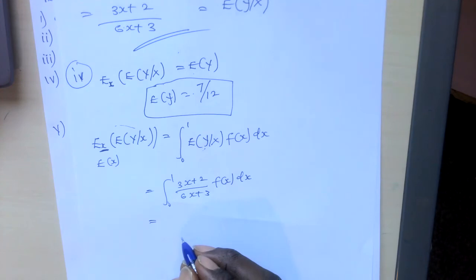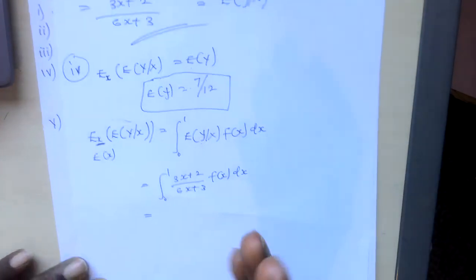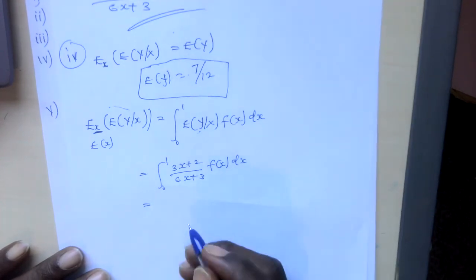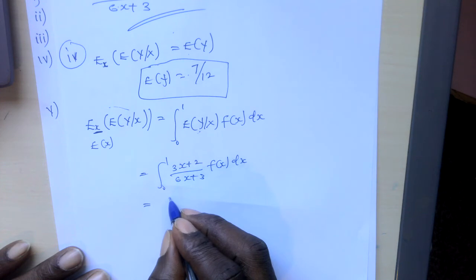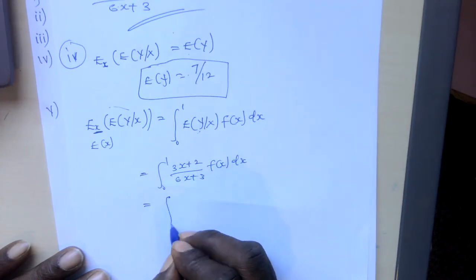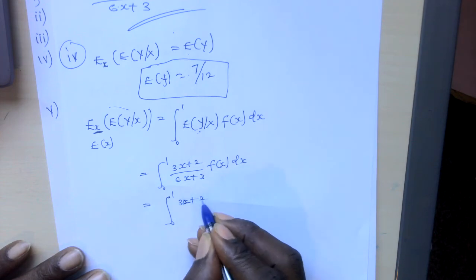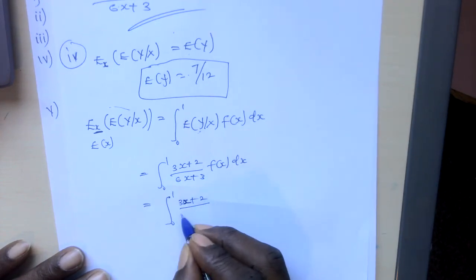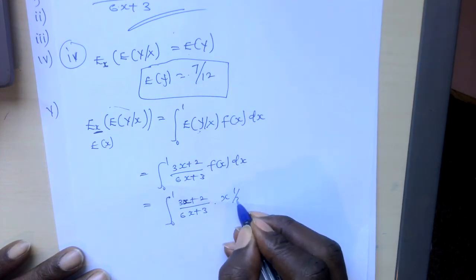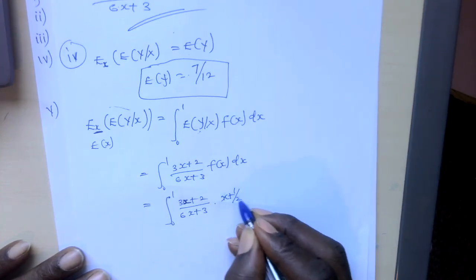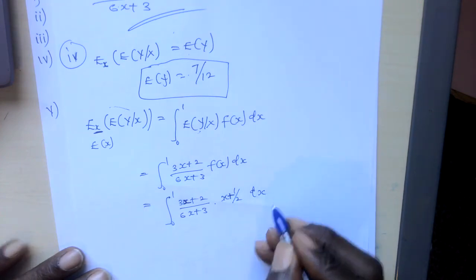We know f of x to be x plus 1 over 2, which we've done in the past. You can check. So we have the integral from 0 to 1 of 3x plus 2 over 3(2x plus 1) times x plus 1 over 2 dx.